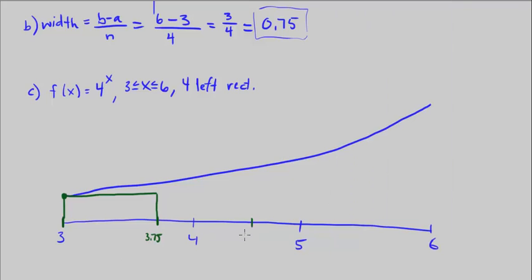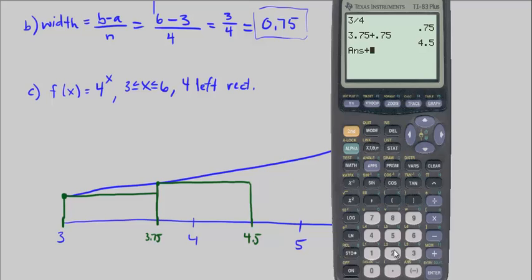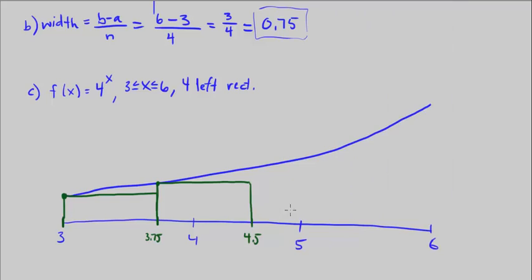So here at 4.5, we're going to have another rectangle, but its height is going to be determined by this left side. So there is the next rectangle. At 4.5, we add 0.75 again, and we get 5.25. 5.25 is right around here. And again, we're going to use the height from the left side, from over here. So that's the height of the rectangle.